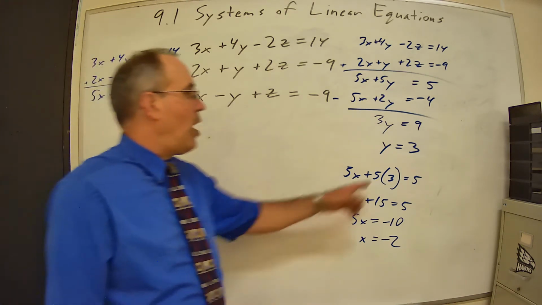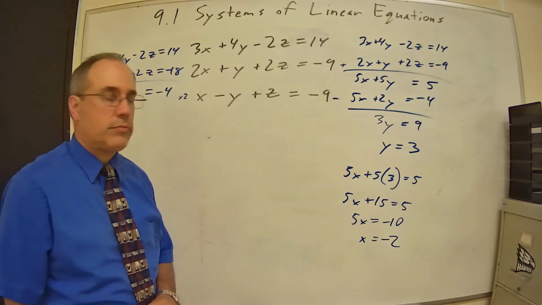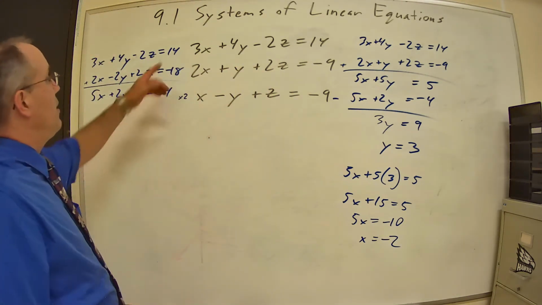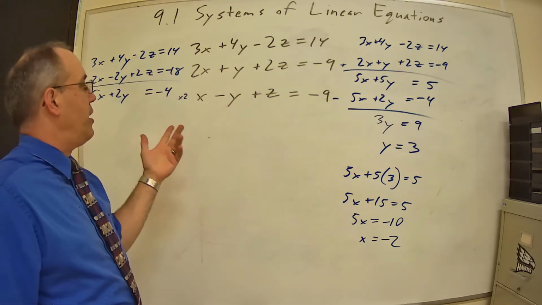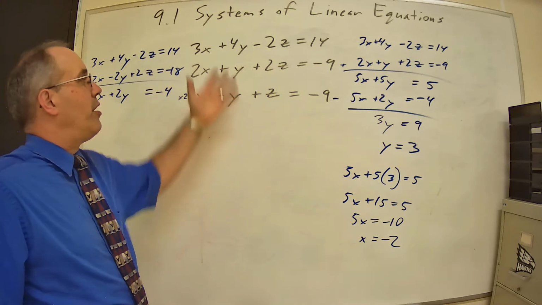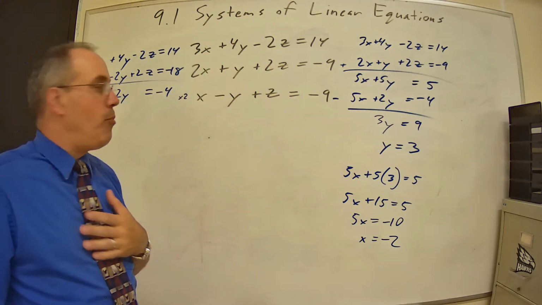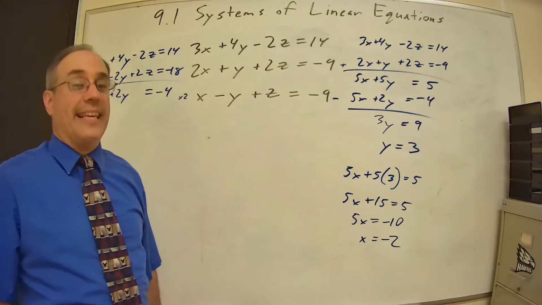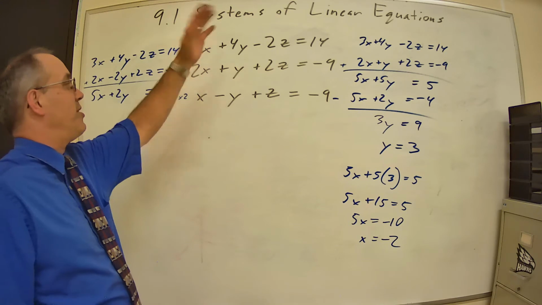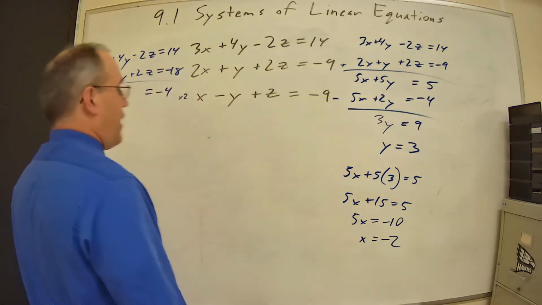So now I have y is equal to 3 and x is equal to negative 2. Well, now we have two of the variables, we need the third one. Let's go back to one of our original equations. Being lazy as I am, x minus y plus z equal to negative 9 looks like the easiest one to deal with, right? I don't have to deal with all these multiplications, I'm just plugging the numbers in to find out what z is.